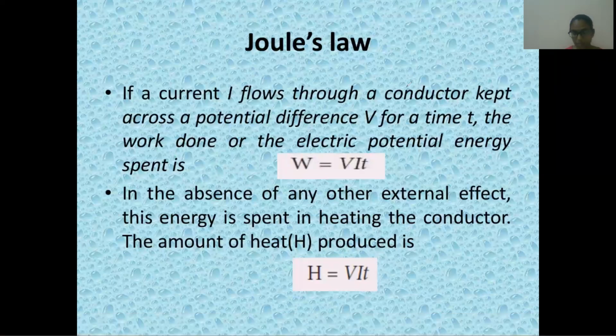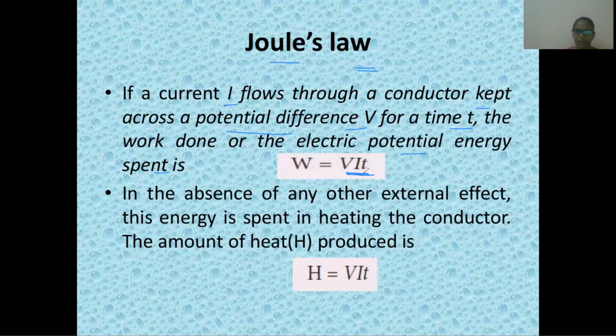More clearly, let us see Joule's law. Suppose a current I is flowing through a conductor kept across a potential difference V for a time t. The work done, or the electrical potential energy spent, is potential times current times time.